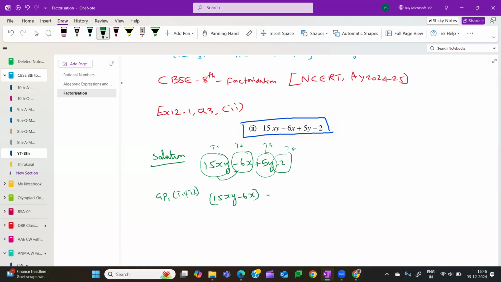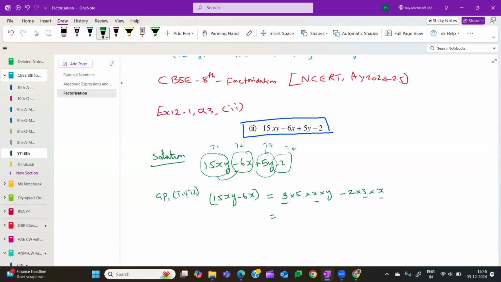This can be written in the form of, what is the common factor here? 15 can be written in the prime factor form as, this is not divisible by 2, the least prime factor, but it is divisible by the next least prime factor 3. The prime factors are 3 into 5 into x into y. Minus 6 can be written as 2 into 3 in the prime factor form into x is left out. Here if you see this, the common factors are 3 and x.